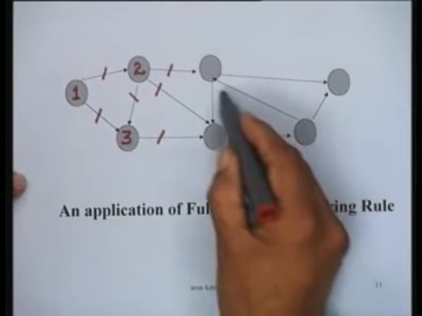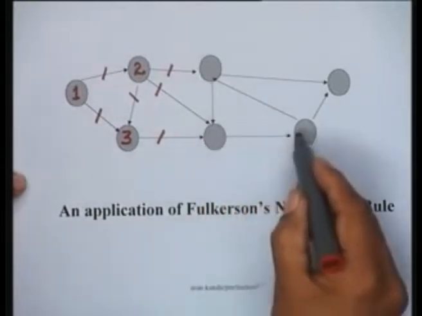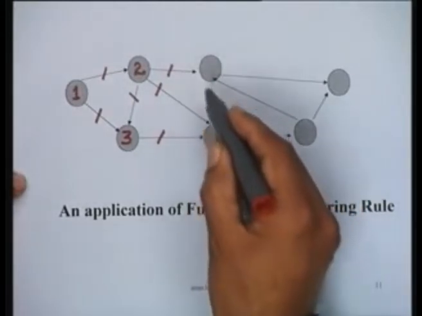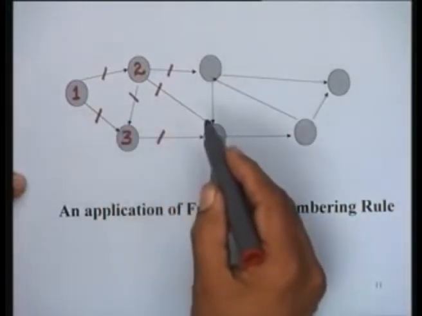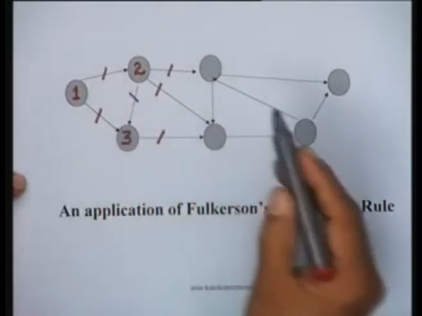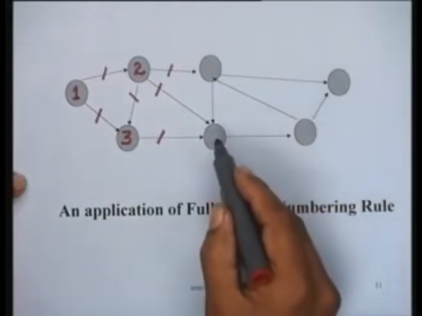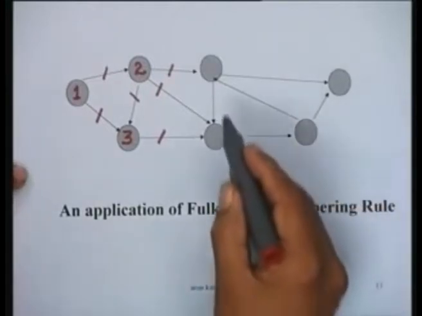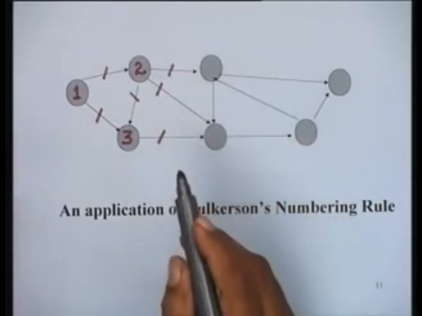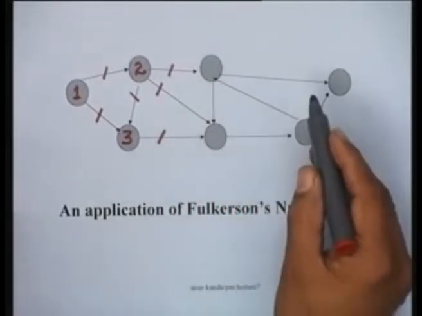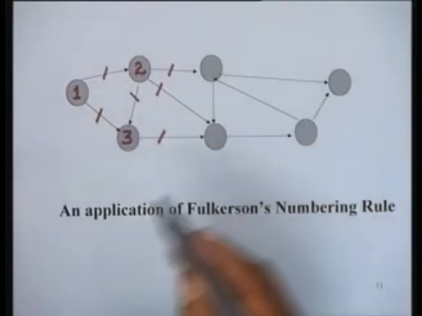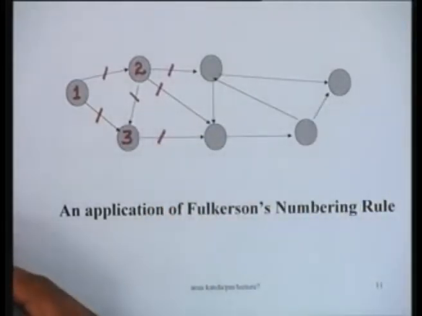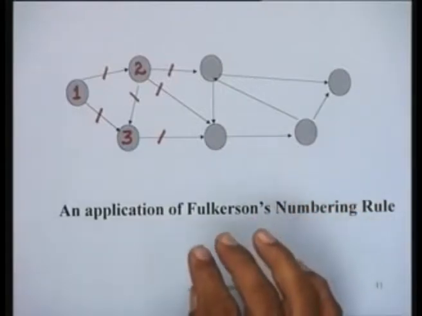This and this is a loop. So that portion of the network which has this loop did not allow the numbering procedure to proceed any further, and therefore we have been able to detect the inconsistency in the network. Had the network been consistent, we could have continued with the process and would have been able to number all the nodes. This is an application of Fulkerson's numbering rule.